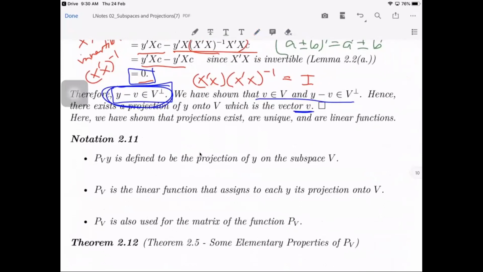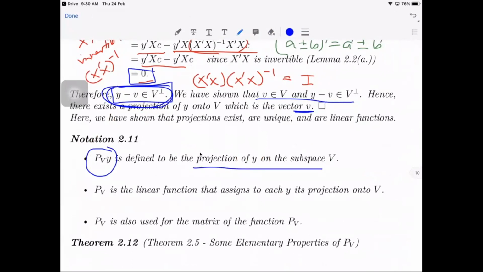Okay, so these notations is defined as the projection of Y onto the subspace V. It can also define in other literature as a linear function that assigns Y, each Y its projection on V. Sometimes this notation is also used as matrix for function of the projections.